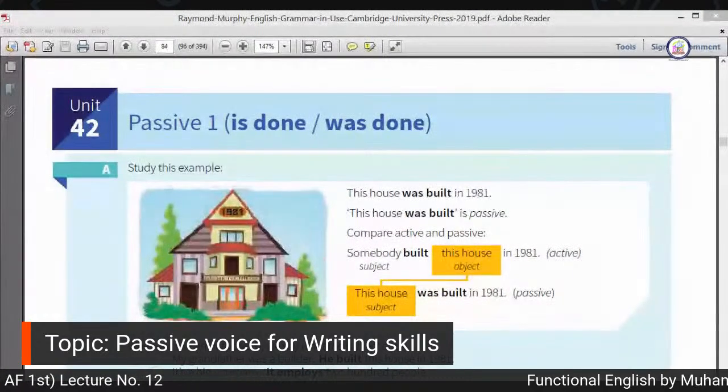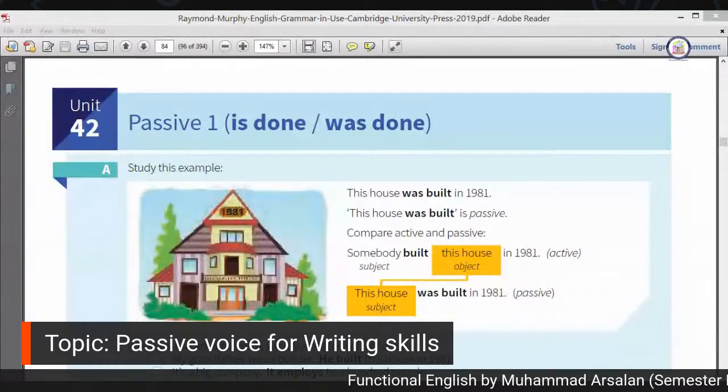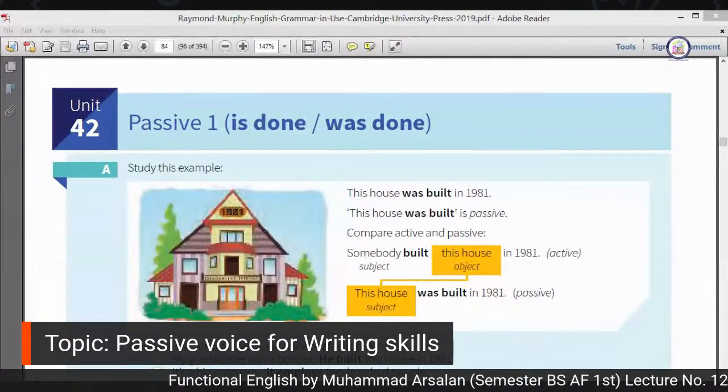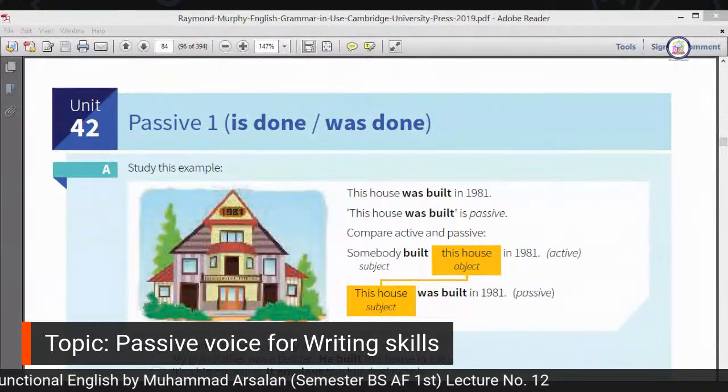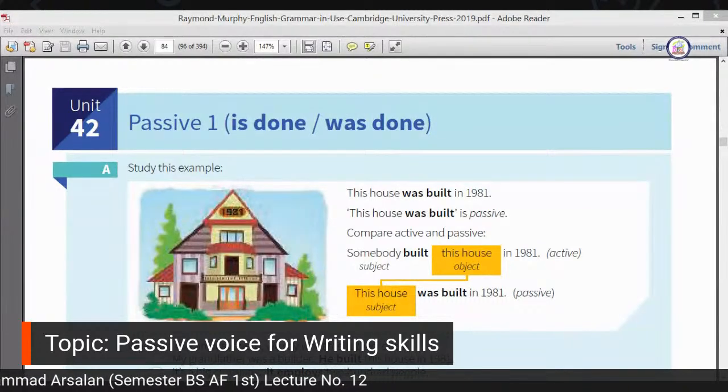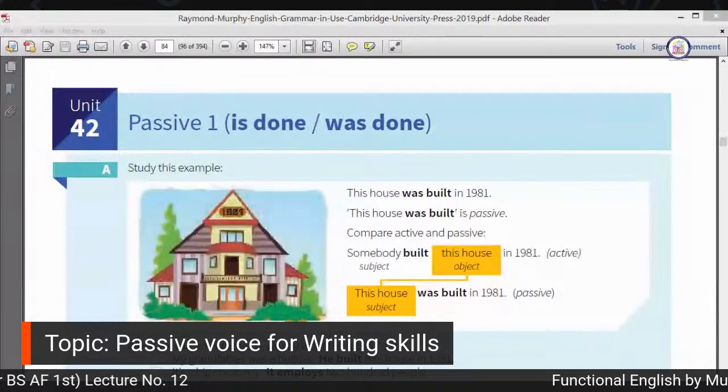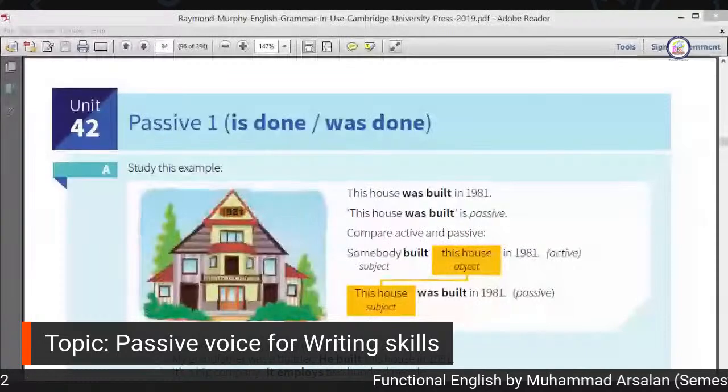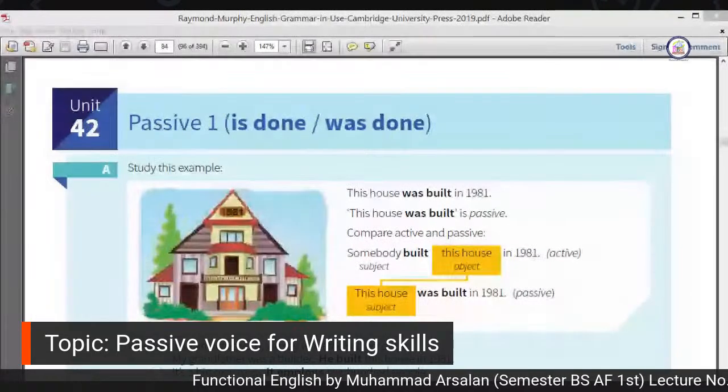These two things create confusion among students, and they feel that there is no need for passive to be used in our daily conversation, and that it is additional stuff of grammar.